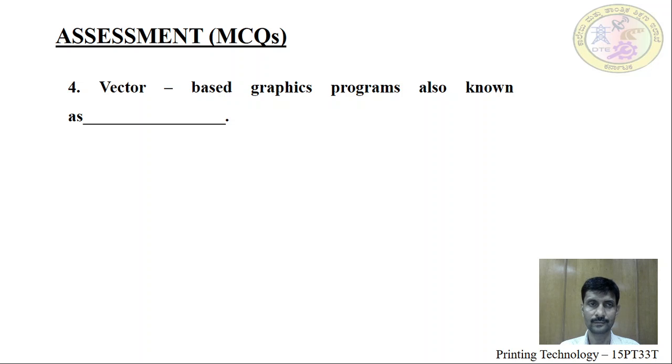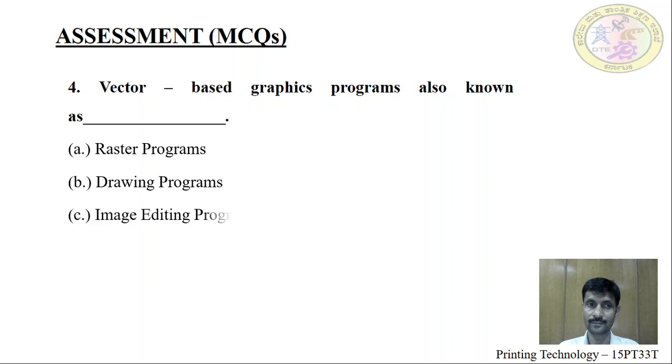That is the clue for this question. Vector-based graphics programs, also known as dash. First one is raster programs, drawing programs, image editing programs, and none of the above. Vector-based graphic programs are made up to create an image with the help of lines and curves. This is the clue for this question.